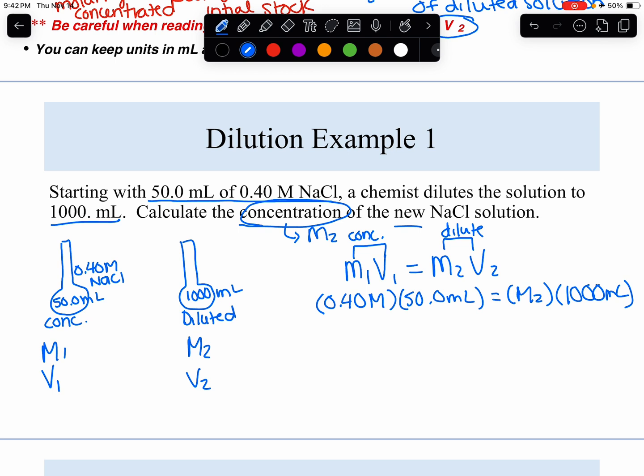So I'm going to multiply these two numbers, get an answer, and then divide by 1,000. And when I get that, my second molarity of my dilute solution is 0.02. I do agree I cut that off in sig figs, I apologize, but I'm just focusing more on the problem here. So 0.02 molarity is the concentration of my new or dilute solution.